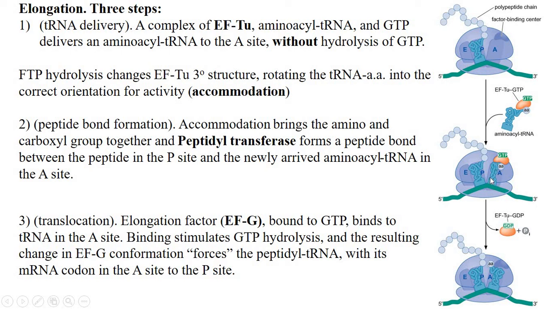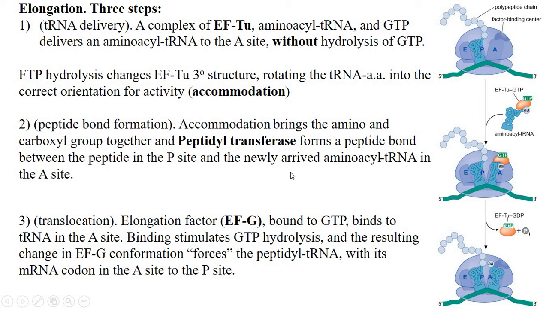What it means is this part will stay bound to the mRNA, but this top part will rotate, and this rotation will bring the amino acid closer to the existing amino acid so that they can make the peptide bond. So this is called accommodation. This bringing of the amino acid here is accommodation.